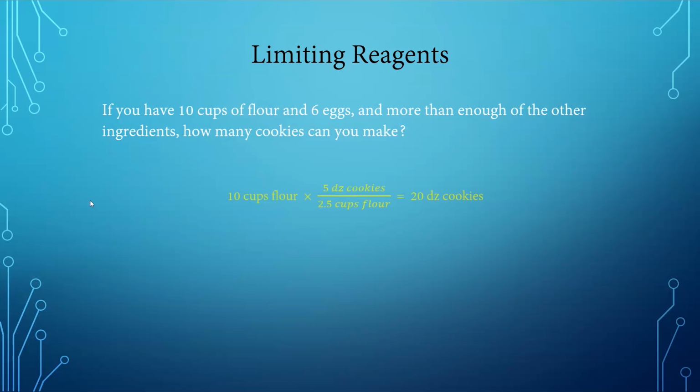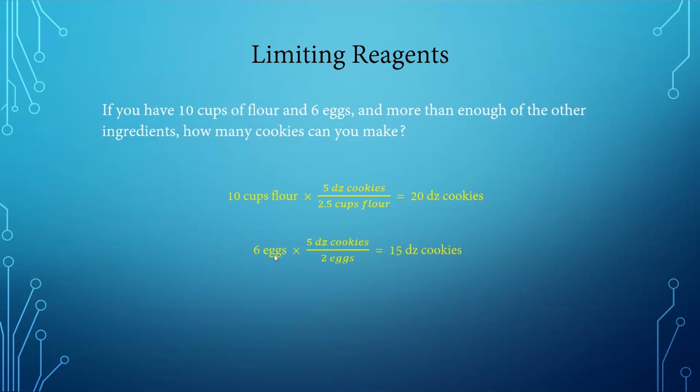For the first part of our problem, we're going to look at the flour. Let's figure out how many cookies we could make from 10 cups of flour. We can convert the cups of flour into cookies and we come out with 20 dozen cookies. Now, that's assuming that we have enough of everything else. But let's take a look at the eggs and see how many cookies we could make from these eggs.